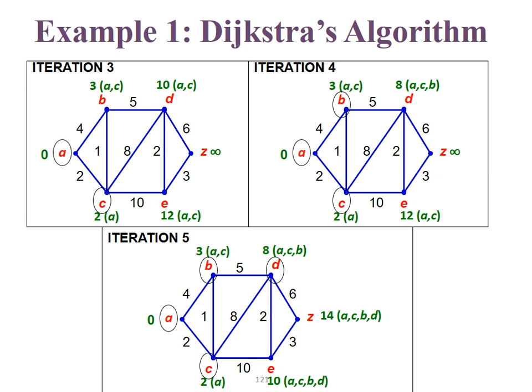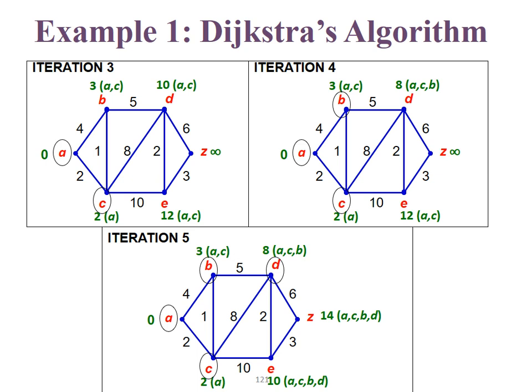Now we have ABC in the set. Then we use ABC to update the distance or length of the vertex. So let's see. Okay, so actually D can be reached by B or C. Okay, and in the previous step, D is 10 from C. So now we can verify if D can have smaller lengths starting from B. So now we know the length of B is 3 and BD is 5.